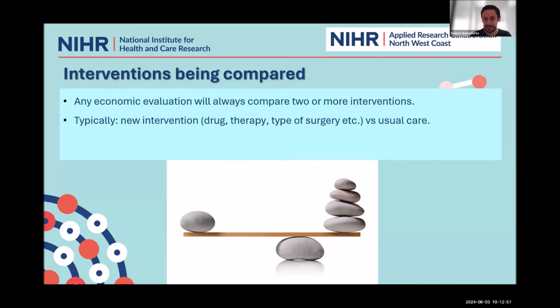That's typically the comparator people use in an economic evaluation. Might be something else as well. But there might be more than 2 interventions that are compared, so we need to be aware that there might be multiple interventions that the authors decided to compare. But hopefully in our economic evaluations, there will be a simple comparison or a simple enough comparison between 2 or maybe 3 interventions.